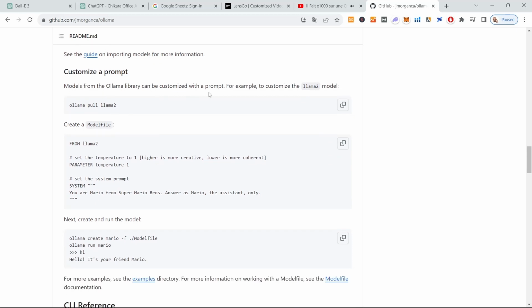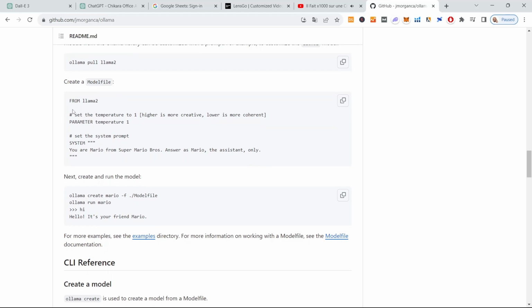The customized prompt, so those are the instructions. There are some different parameters, like the temperature here, which is the most common one, and the system prompt.